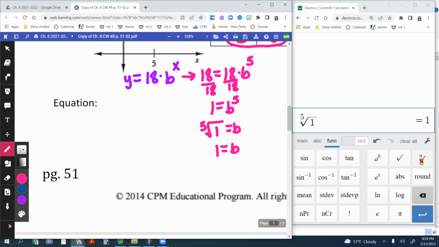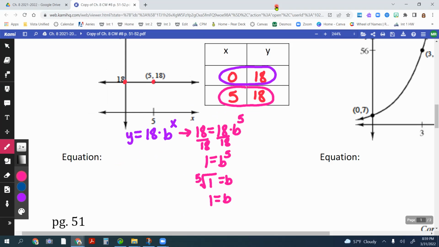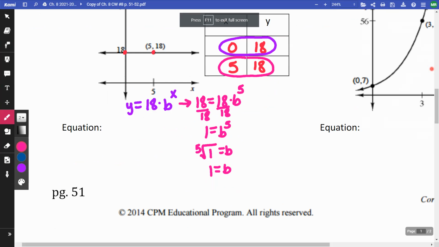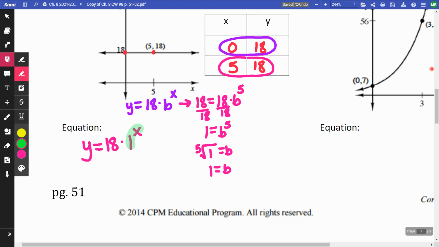And then our equation for this, let me get this back bigger. Our equation for this is going to be y equal, our a is 18 times 1 to the power x. Now, 1 to any power is really just going to be a 1.